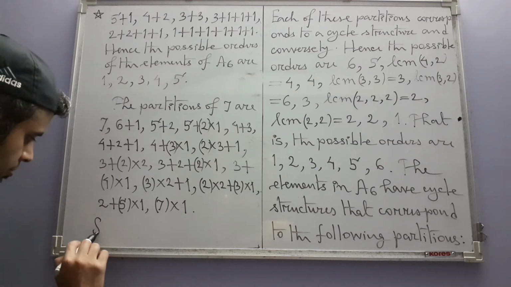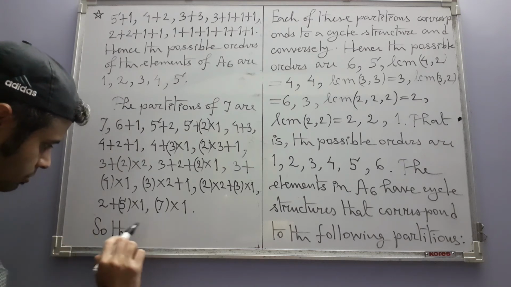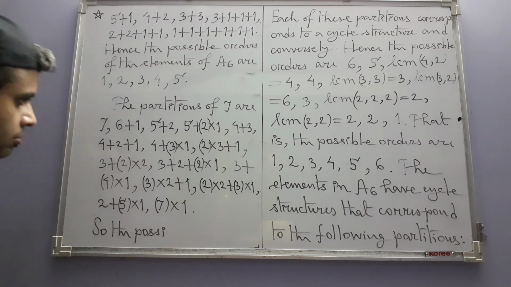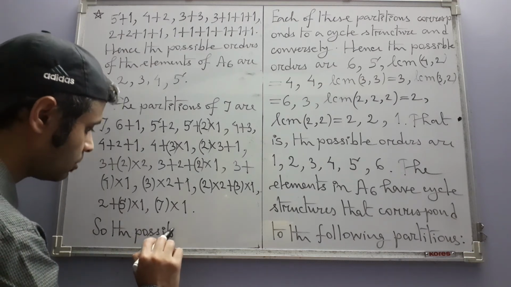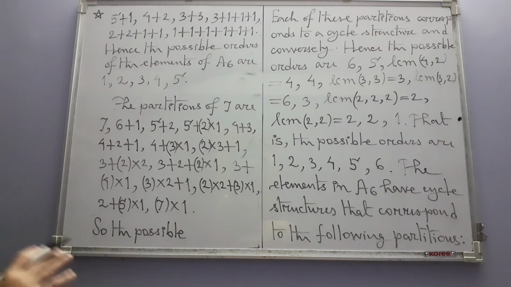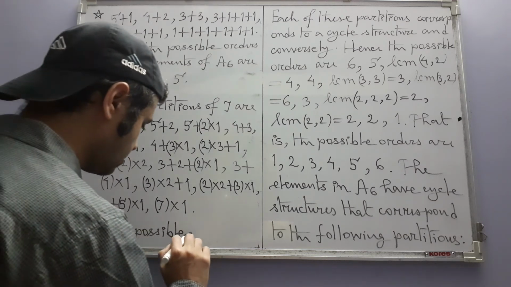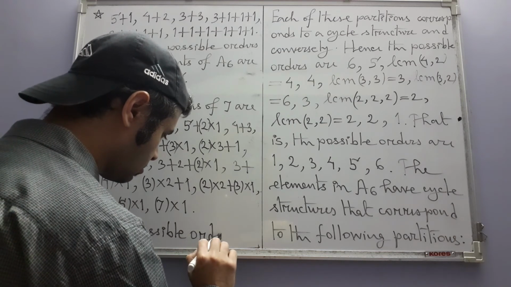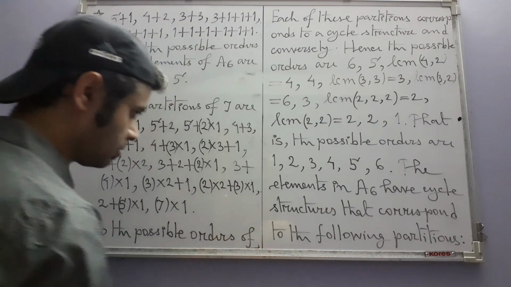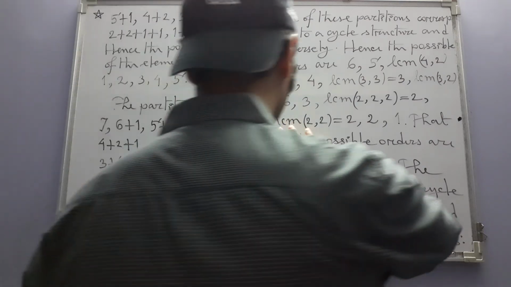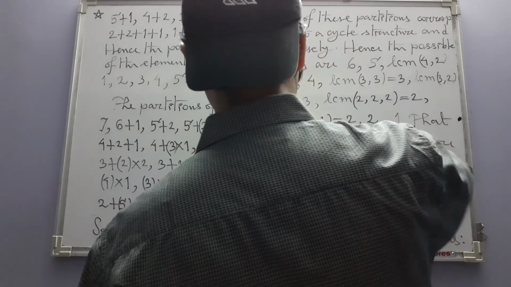So the possible orders, but it's not the entire S7, A7 we want. From among these we have to recognize the even ones.